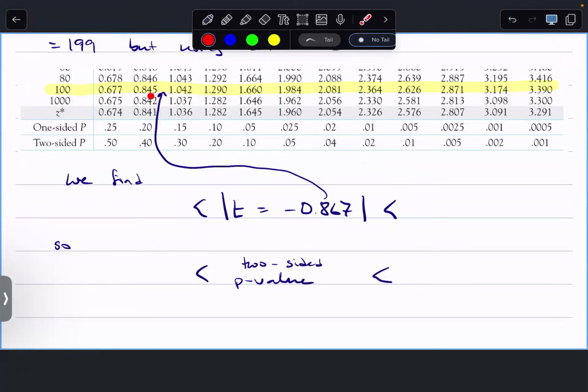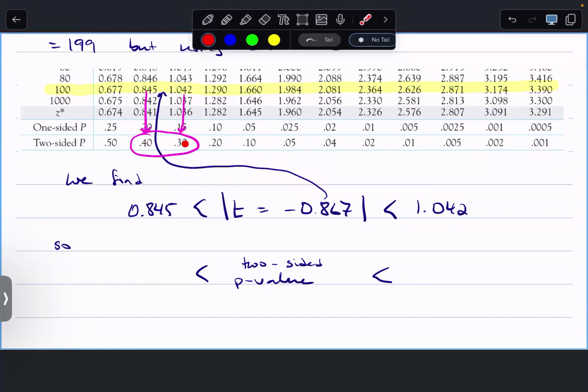On the 100 degrees of freedom line, this t, right, the absolute value drops the negative, so it's somewhere between 0.845 and 1.042. From there, I have, oops, this looks like I'm going to the one-sided P. I need a two-sided P. And it's somewhere between 0.3 and 0.4, right?